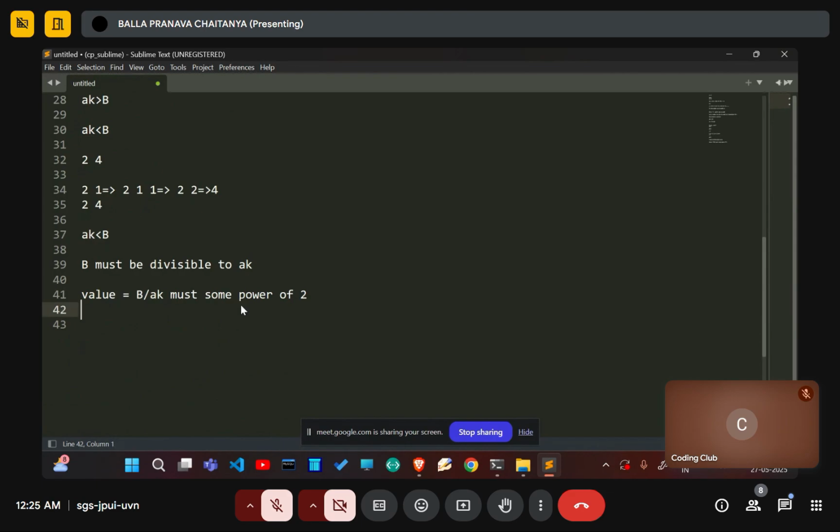Let's take some more examples. Suppose you have 5, you have to make this array. Okay, we somehow made 5, and we have to make 10 also. So if we push 5, this will become 10, and this is again violating our condition, because 10 by 5 is equal to 2, which is a power of 2.